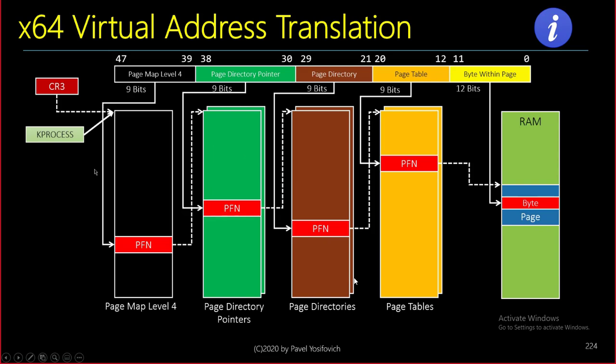So 48 plus 9, that's 57. That's how we get that 57. The extension to this scheme is just having yet another single instance of something called page map level 5, pointing to potentially 512 page map level 4 instances, each of which points to one of 512 potential page directory pointers, and so on and so forth.